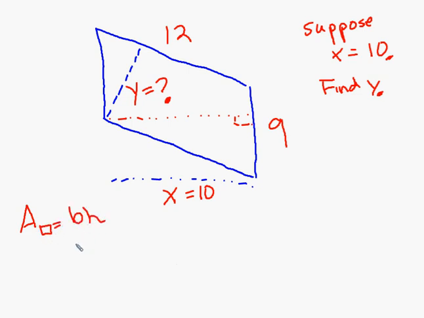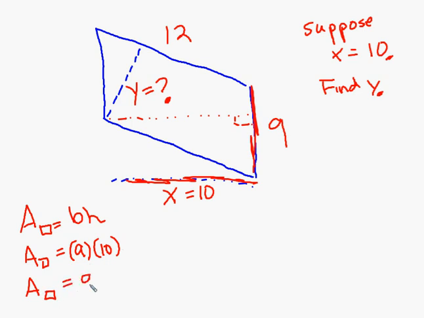I can use this 9 and this 10 to find the area of that shape, just like I could use the 12 and the y. So the area of this shape is going to be 10 times 9, which gives me 90 units squared. So the area of this whole thing is 90 units squared.